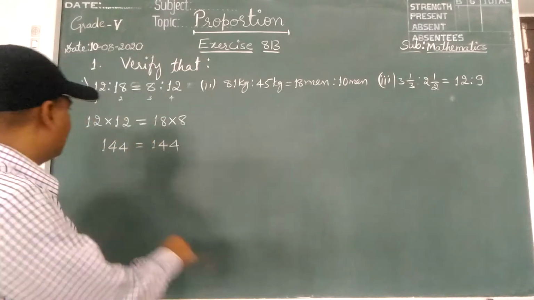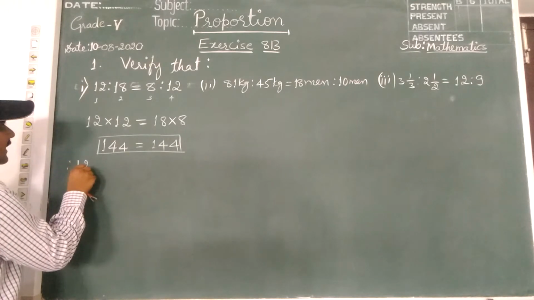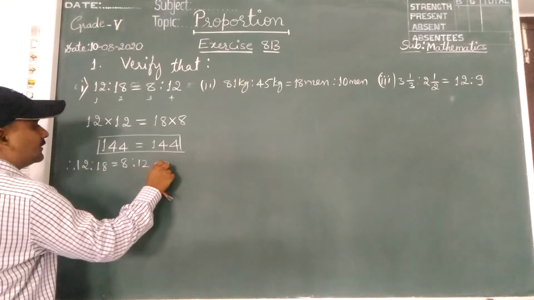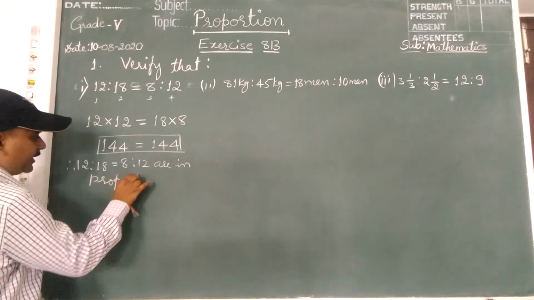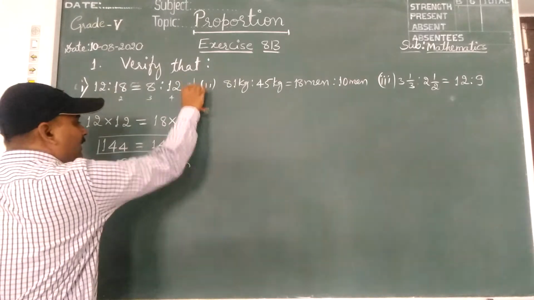Then both are equal. Then we can say that therefore 12, 18 equal to 8 are in proportion. Okay.